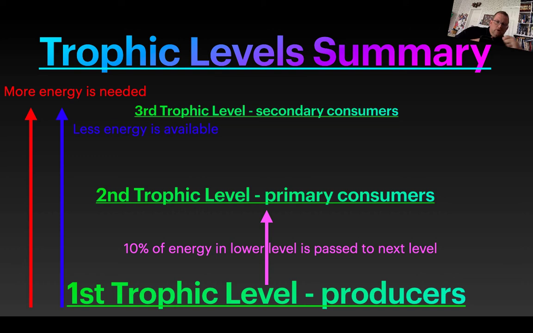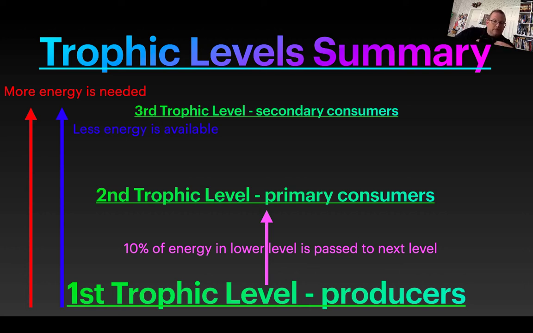Now, let's say a rabbit comes by and eats that grass. Of that 100% of the energy in the grass, 90% of that energy is given off as heat or is lost. Only 10% of that energy the rabbit actually can use.